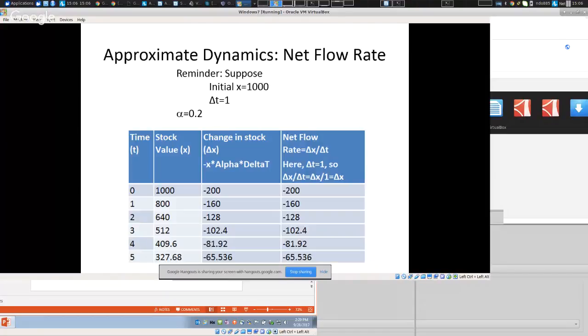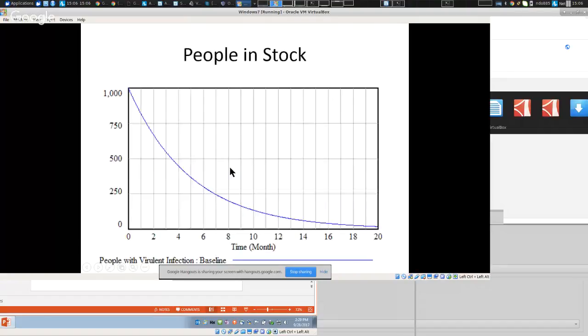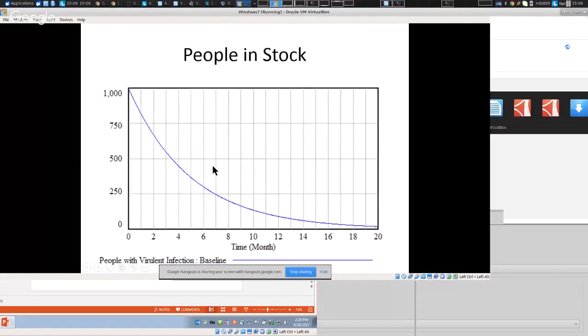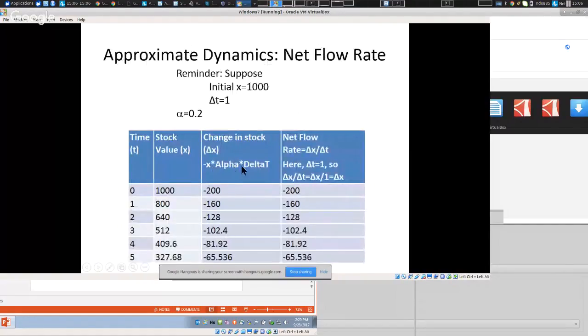It's staying constant at this flow rate of 200. That's why we're multiplying times delta t here. We're assuming this is the flow rate, minus x times alpha. Remember, that's the rate of outflow. So the rate of change is minus x times alpha, and we're assuming it applies over this entire delta t, this entire time unit here.